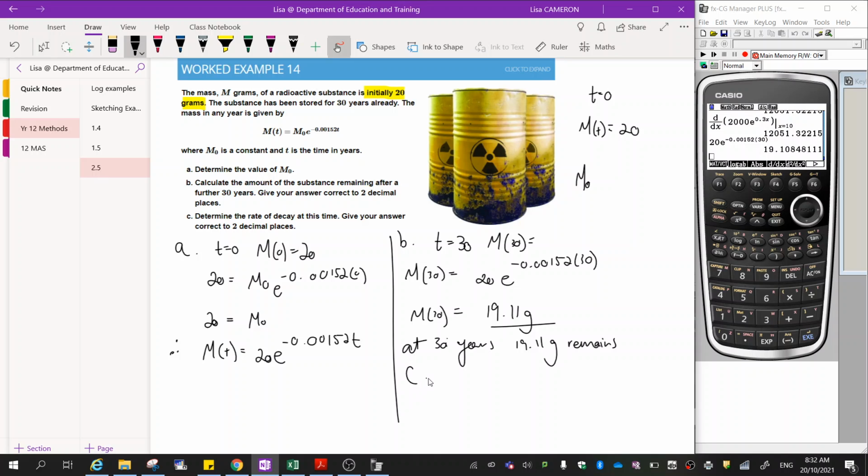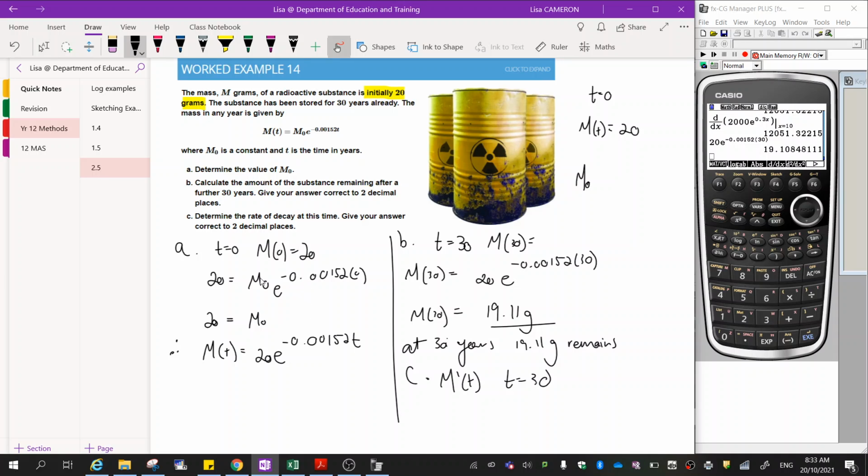Okay, part C, we're going to determine the rate of decay. Now, I've seen the word rate, which means that I'm going to be calculating M dash of T. So we're going to calculate the derivative of our function at the time when it's 30. It's asking you at this time, which means at that time. So let's chug it straight in.